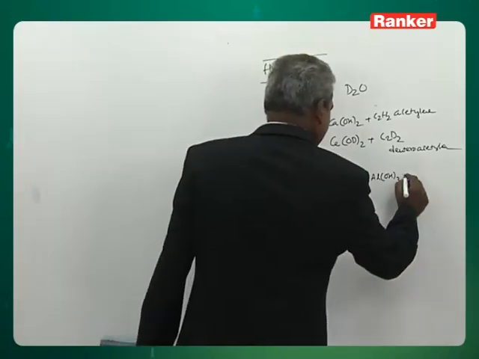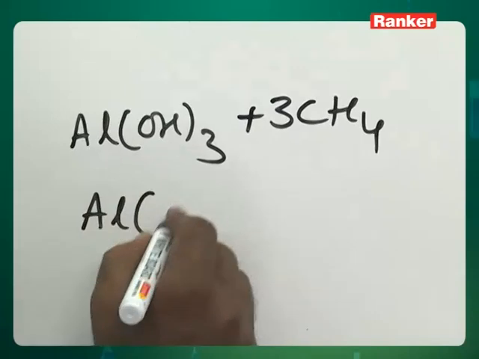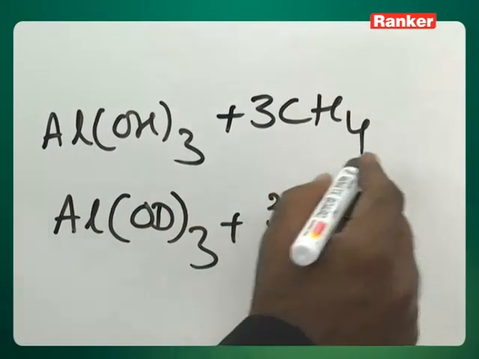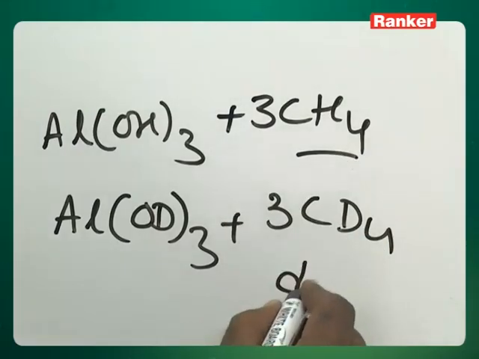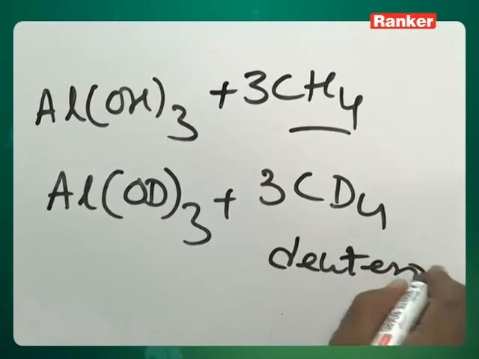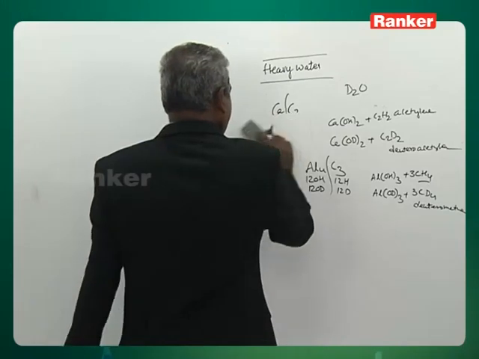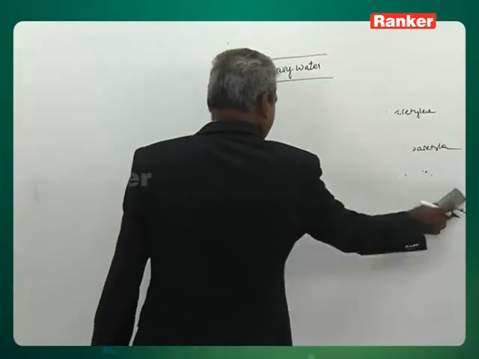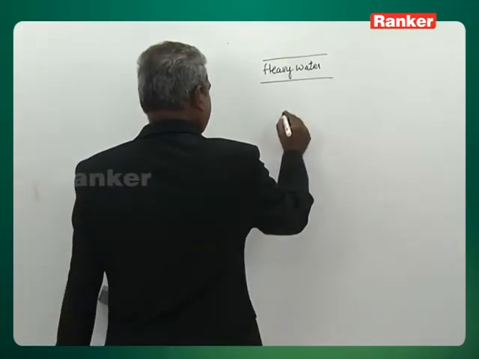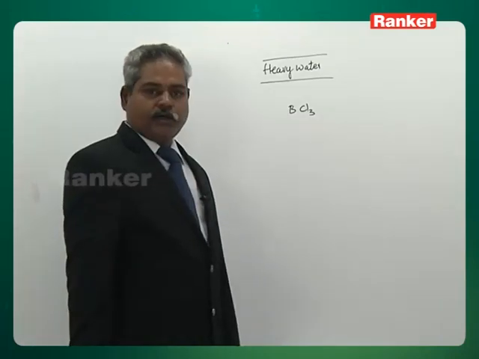Al(OH)3 plus 3 CH4, and Al(OD)3 plus 3 CD4. This is methane, this is deuteromethane, aluminum deuteroxide. Every time I can't write D, so I will simply write some reactions with water. In any case, we have to learn the reactions of water.